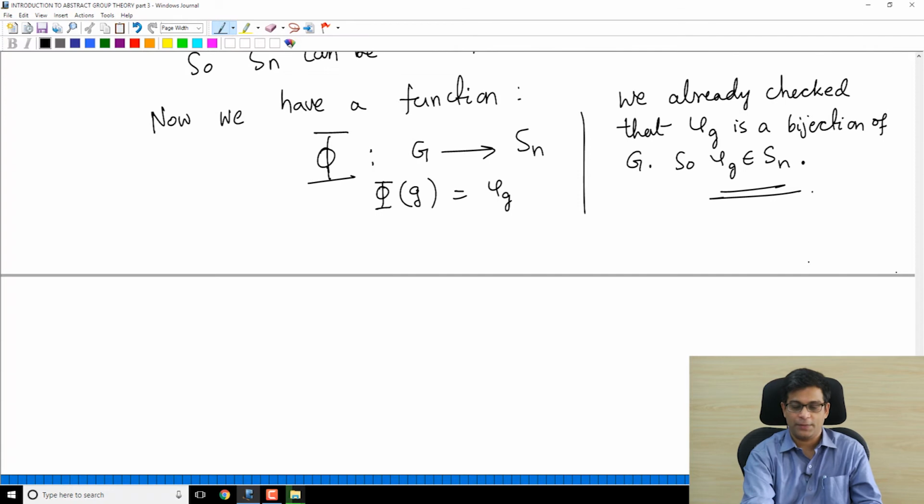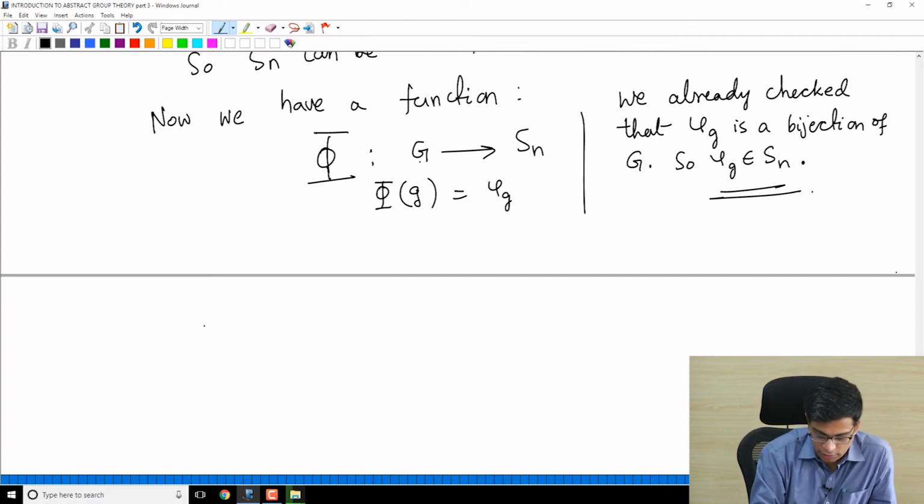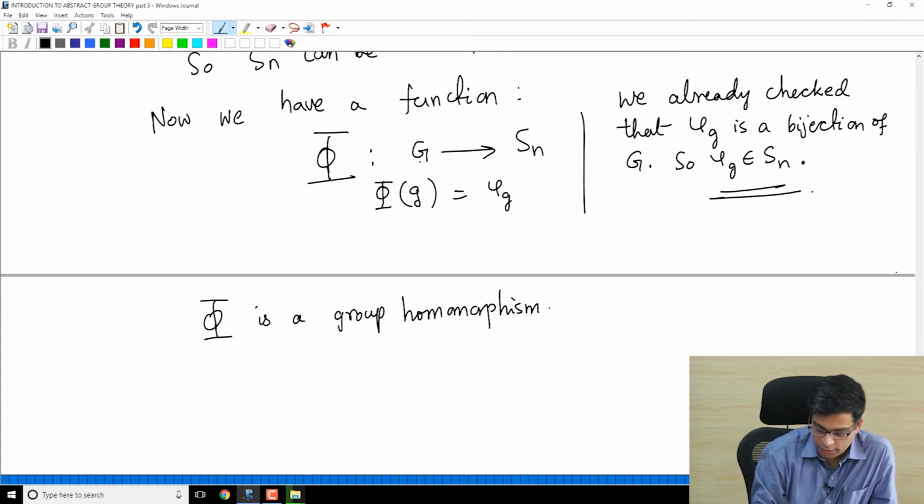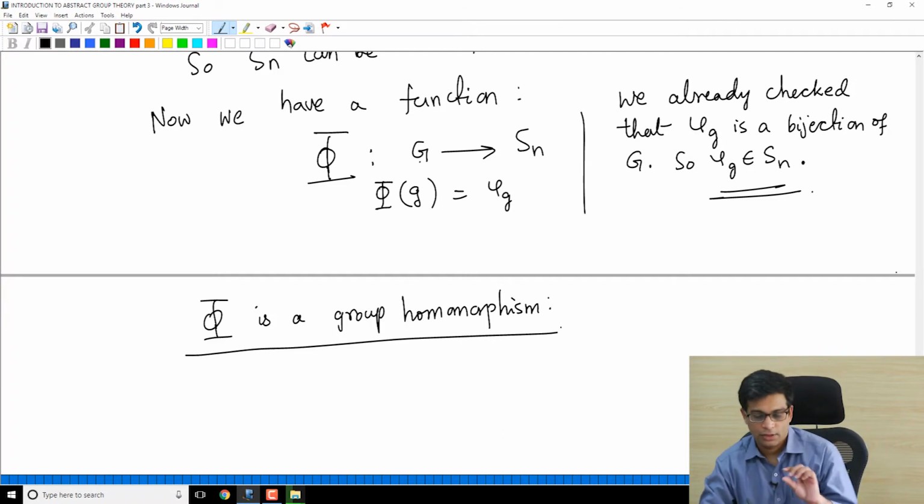Now capital phi is a function from a group to another group. So now I claim that phi is a group homomorphism. You have to be careful here. So what is the function phi? It sends an element to another function.